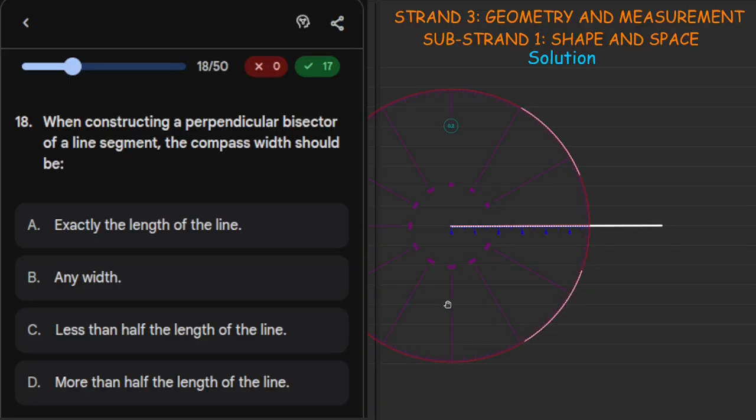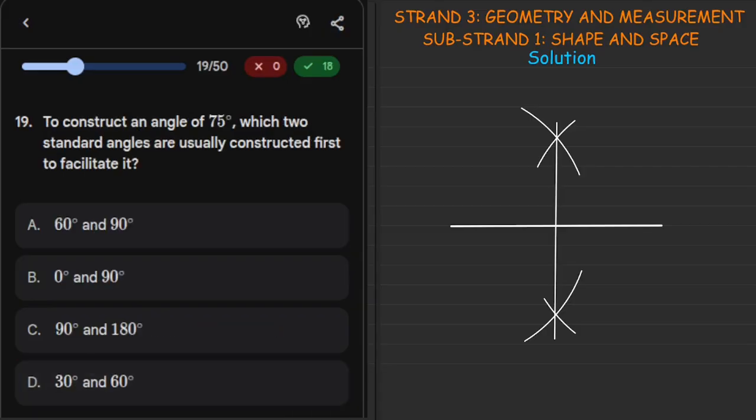With this same opening, we move to the other end of the line and draw another arc above and then below. After which, we draw a straight line through these points of intersection. And that becomes our perpendicular bisector. Very, very simple. So in short, we need to open the width more than half the length of the line.